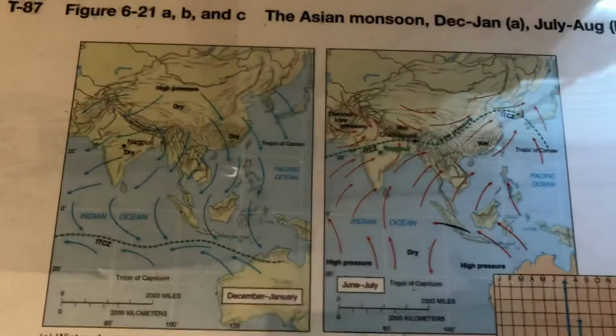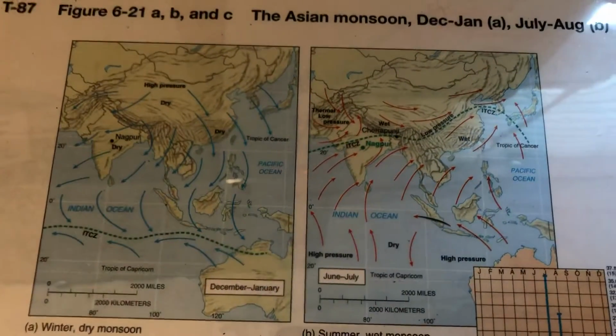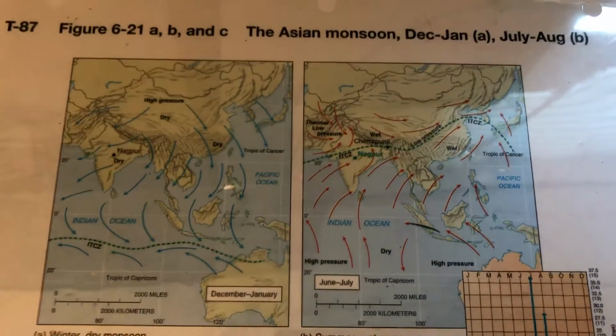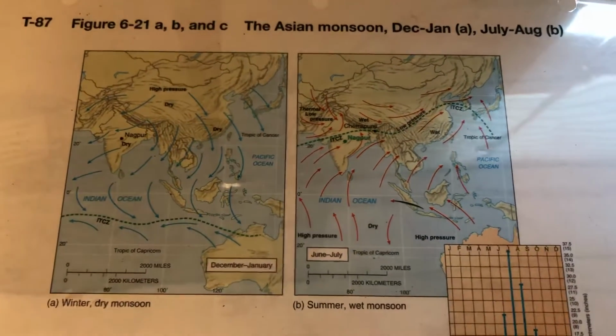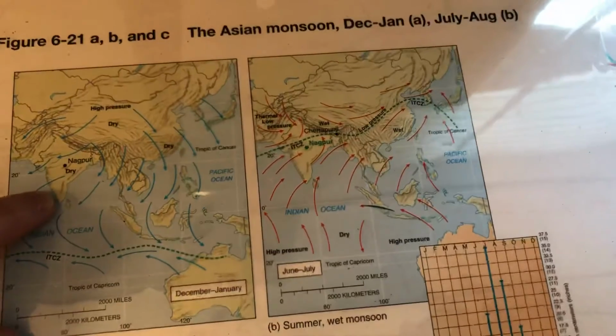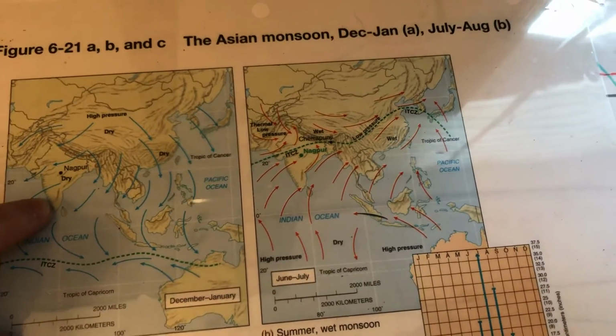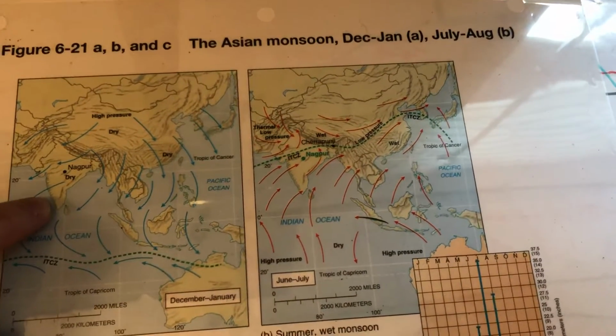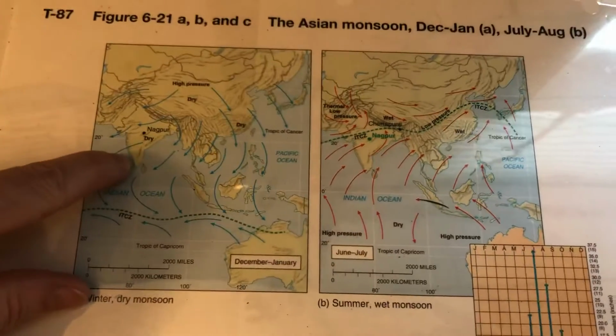Let me show you. You guys remember this? Pictures and stuff here talking about the big Asian monsoon when it comes through. Kochi is right here on the west coast, all right? Down here in the very southwest part of India, all right?